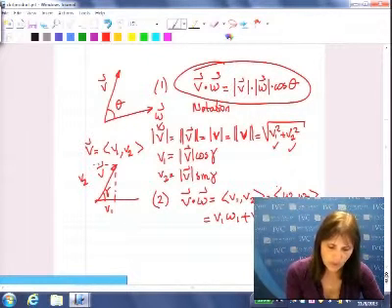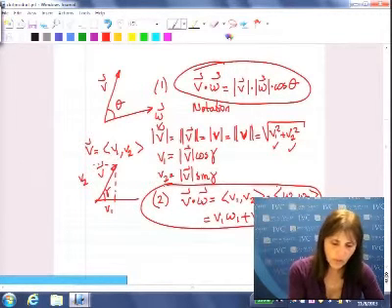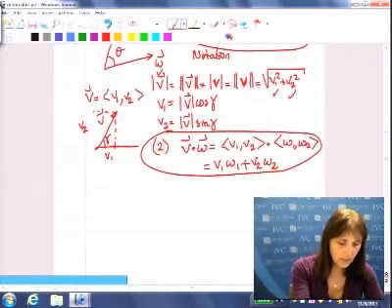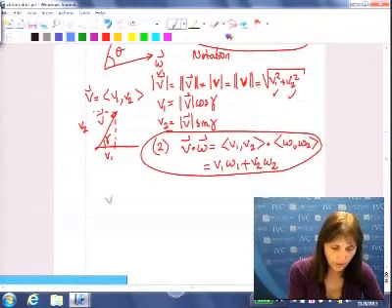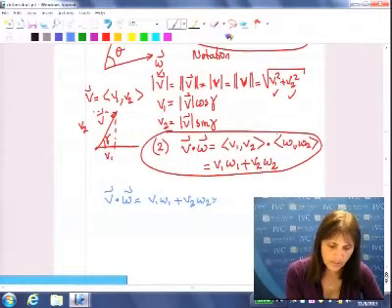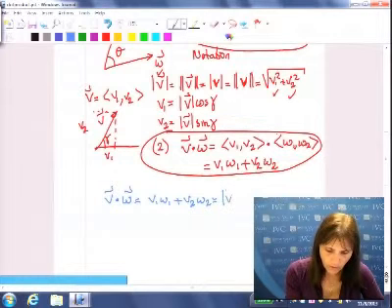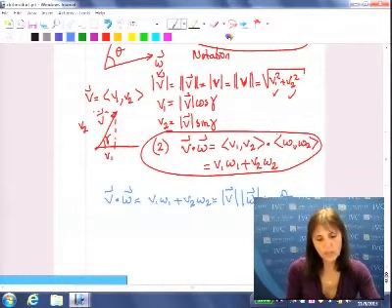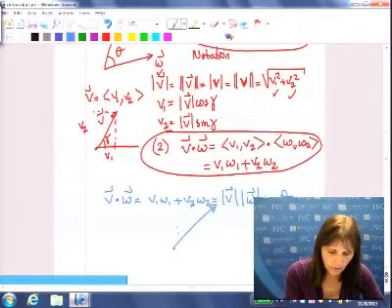So this one is your second equation, and this one is your first equation. Let's put first and second together. When you take the dot product of two vectors, it is V1 W1 plus V2 W2, which is the same as the magnitude of V, magnitude of W, times the cosine of theta, which is the angle between the two of them.